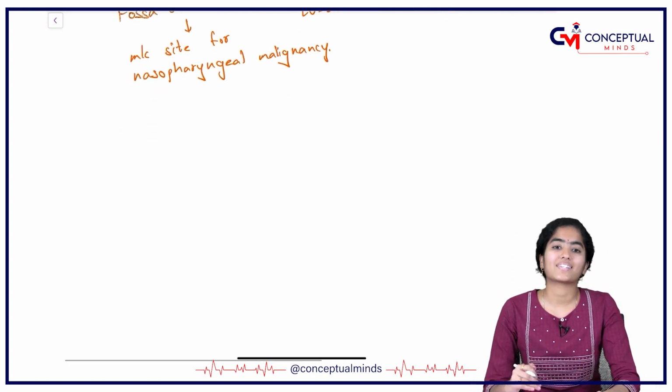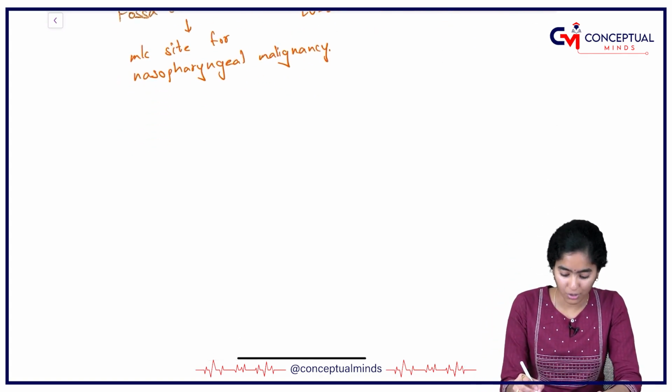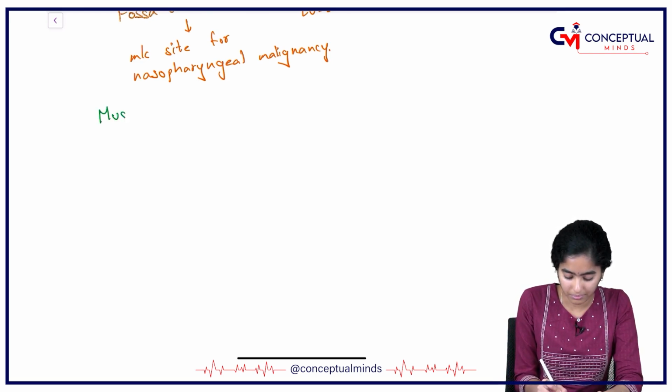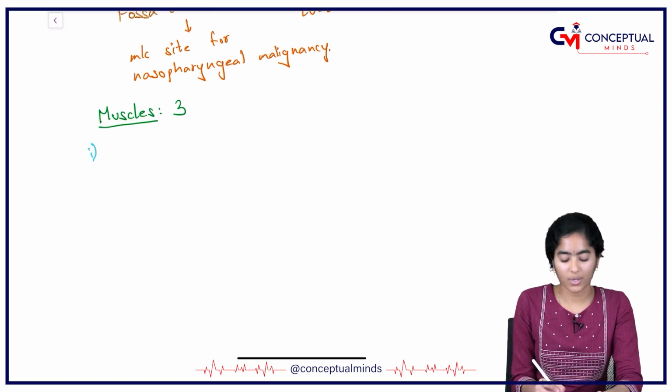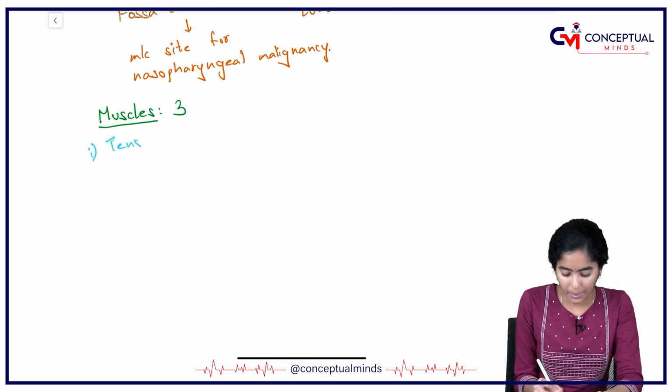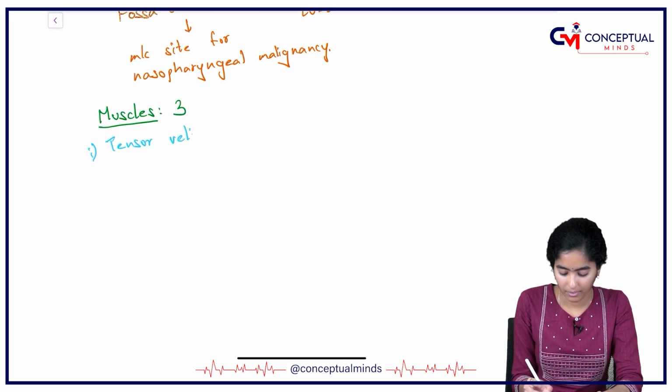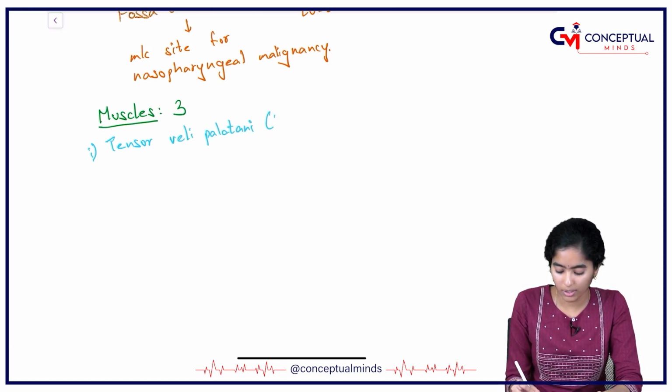Now, there are three muscles present here at the pharyngeal end itself. Let us learn about them also. What are those three muscles? The first one is tensor veli palatini. If you say tensor veli palatini or tensor palati, it is one and the same.